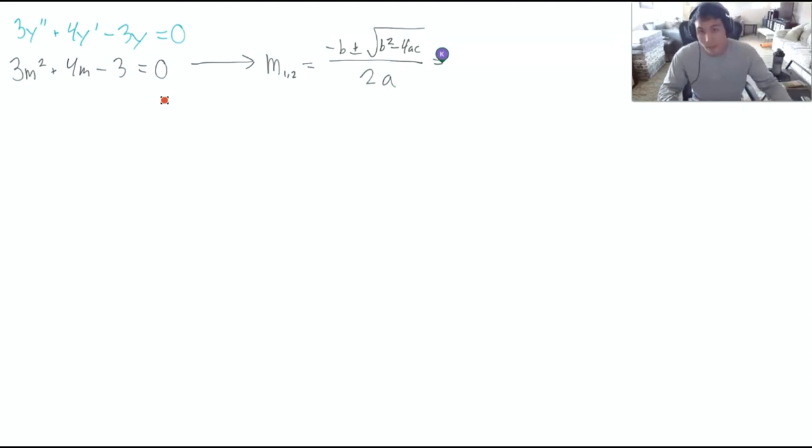So negative b, this is b, so it's going to be negative 4 plus or minus the square root of b squared, which is 4 squared, 16, and then 4ac, so it's going to be 3 times negative 3, which is negative 9, and negative 9 times negative 4 is positive 36. And then divided by 2a, a is 3.